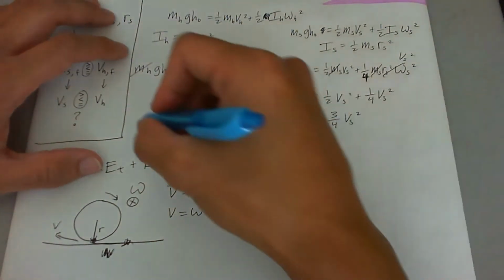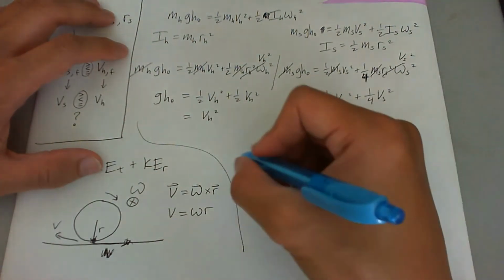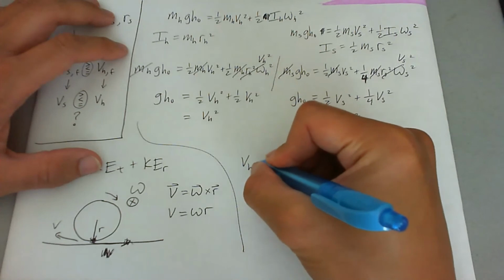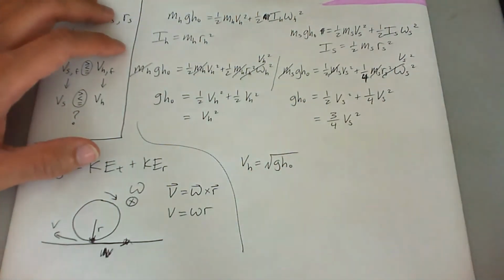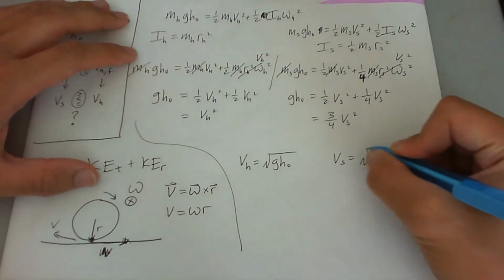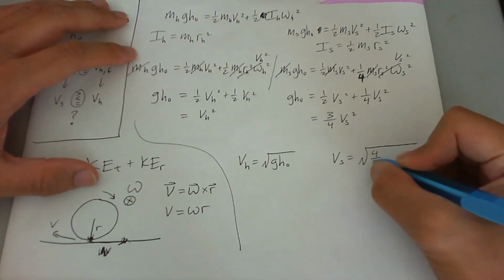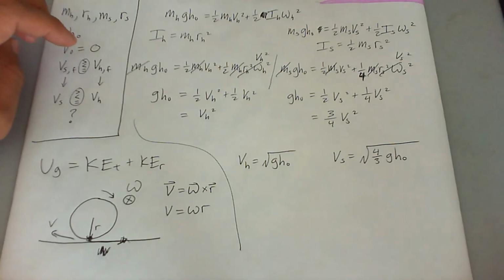Now isolating the V's, we get that VH is the square root of gh, but VS is the square root of 4/3 gh. Which one's bigger?